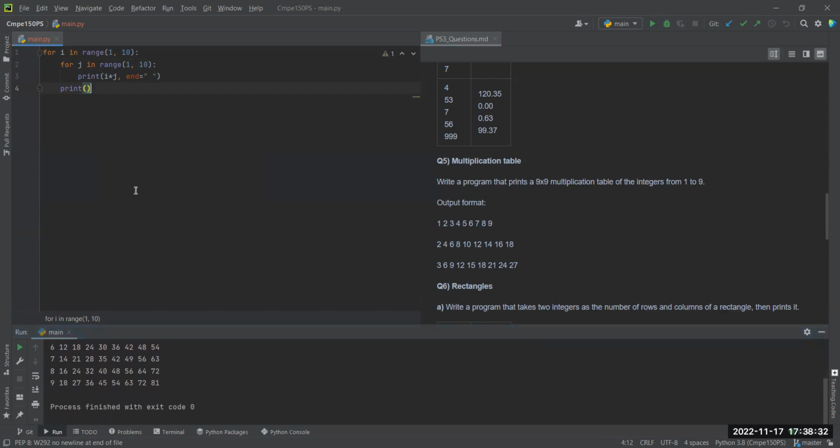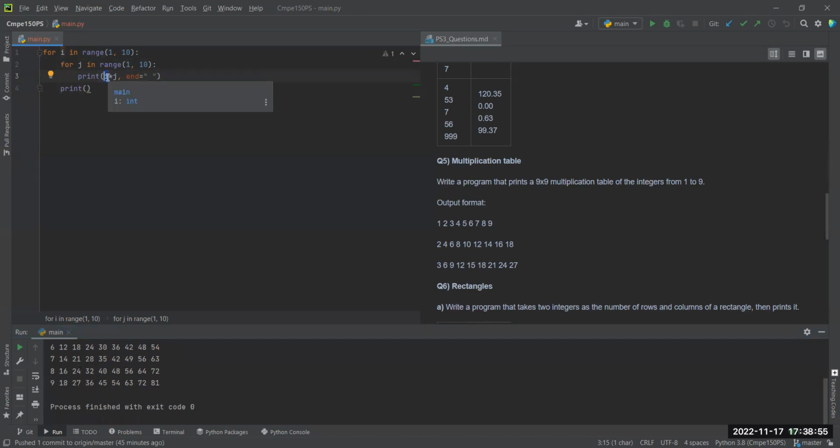I will repeat the logic behind it again, because it is a really important concept for Python programming. I am starting with 1 here, and I'm continuing with the second for loop, and it operates from 1 to 9, but I will use my i as 1 on this operation.